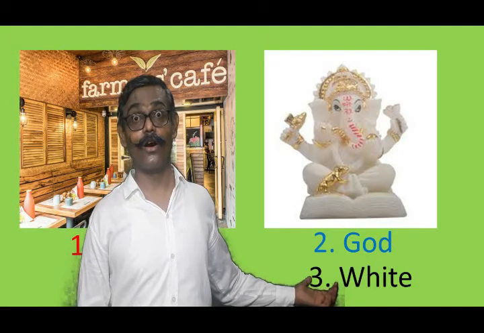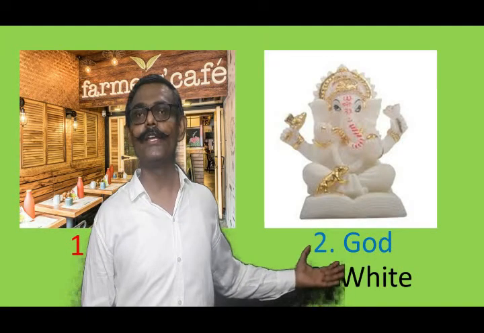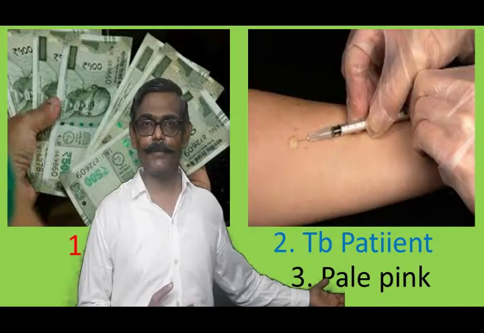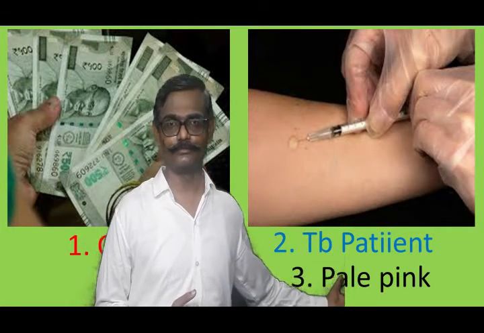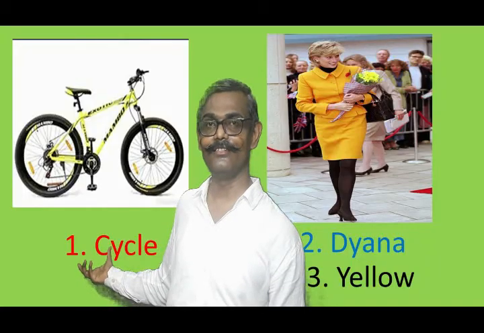Here, God. Color white, gadolinium. Next, 65, C S, cash, TB patient. Color pink, terbium. Next, 66, C C, and for CC, what was the image? Cycle.